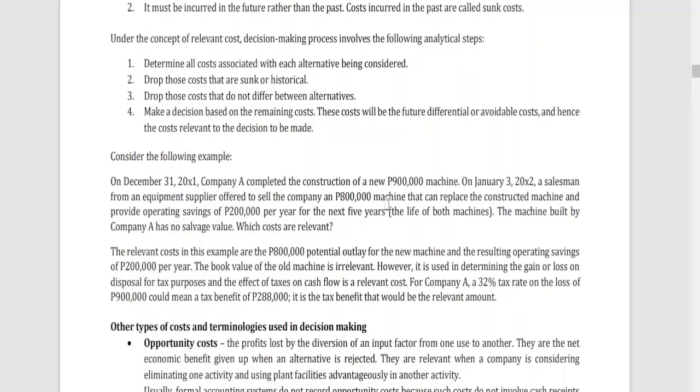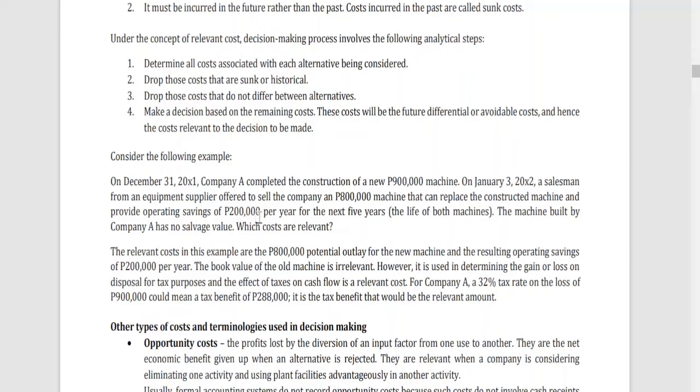So again, we have an old machine and we have a new machine. We have a new machine and a salesman offered to sell an 800,000 machine.